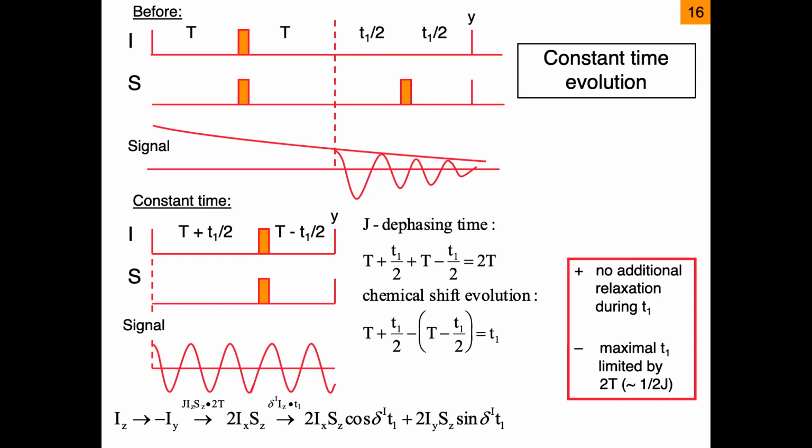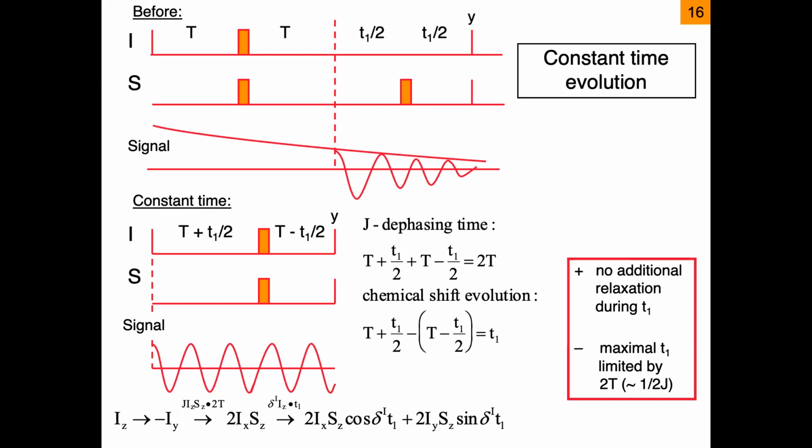And therefore, when you calculate these evolutions, you can first calculate the evolution according to one, and then calculate the evolution to the second. And that makes these calculations quite easy. So you could think first, this is the J coupling evolution, the other one is the chemical shift evolution.